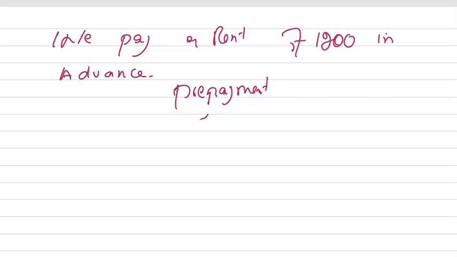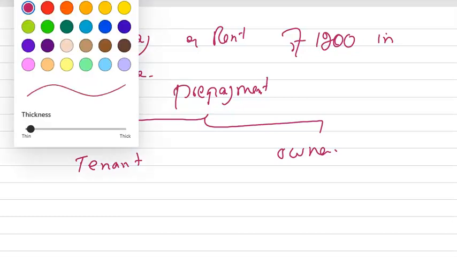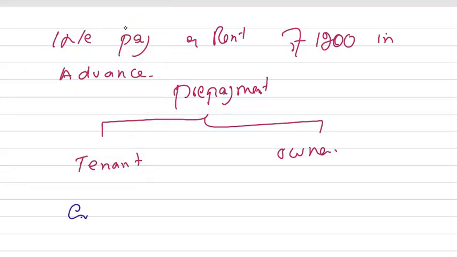I will record this prepayment for both the tenant and the owner. When the tenant pays 1200 in advance, it will be a cash outflow from the tenant's bank account. So their bank account will be credited with 1200.